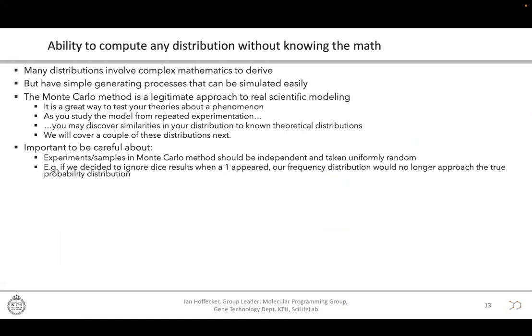You may not know the math or analytical expressions that describe that process, or they may even be impossible to derive. But using these computational techniques, we can get a lot of information. As a result, this is an extremely powerful, legitimate and useful approach to scientific modeling that's used all the time.